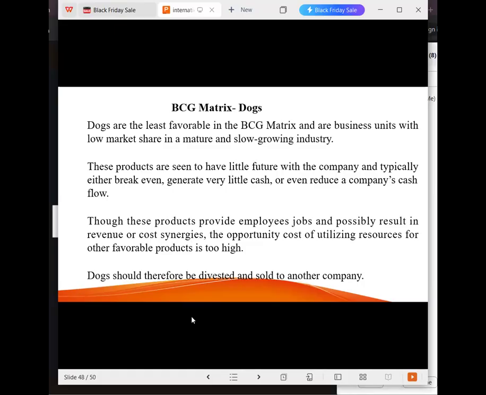So it's either you move the dog elsewhere or the dog cannot maintain that same market, which can be seen as country. There's no need for you to leave that product in the same country because you are trying to maintain a stance in the country. So that is what the BCG matrix is all about.